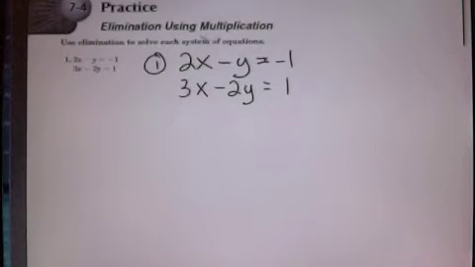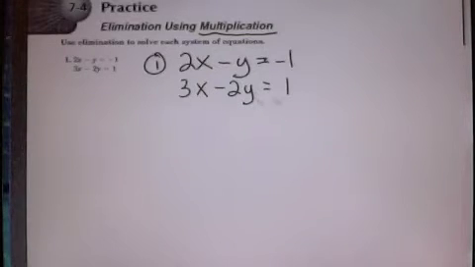So this is where I can use multiplication to help get the coefficients to where they are the same with opposite signs. So I can either try to eliminate the x terms or I can try to eliminate the y terms. Either one is acceptable.